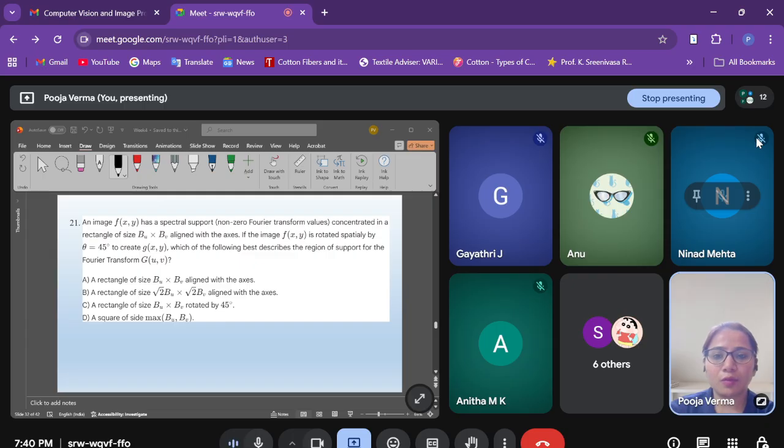An image f of x comma y has a spectral support concentrated in a rectangle of size Bu and Bv aligned with the axis, and if the image is rotated by 45 degrees to create g of x comma y, which of the following best describes the region of support for the Fourier transform? Anyone? Any answer?